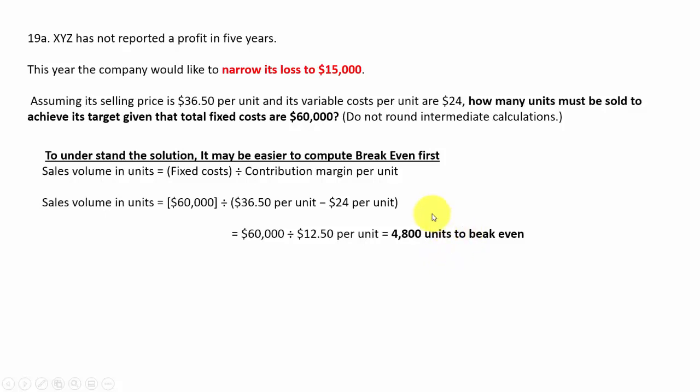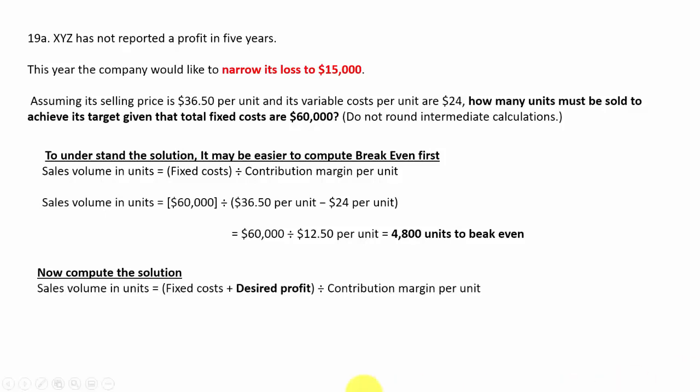Now, that's not their goal. Their goal is to just narrow their loss to $15,000. So here's what we're going to do. We're going to say fixed cost plus the desired profit, and in this case the desired profit is really a $15,000 loss, which is kind of backwards, but that's what we're going to say.